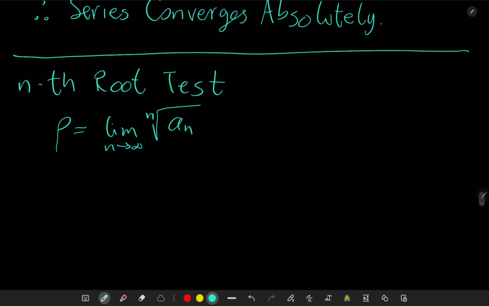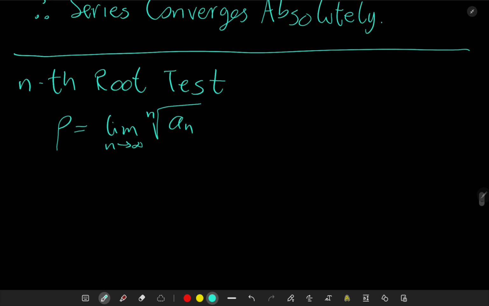And the conclusions you get are the same. So if 0 is less than or equal to rho, less than 1, then the series converges absolutely, just as before.